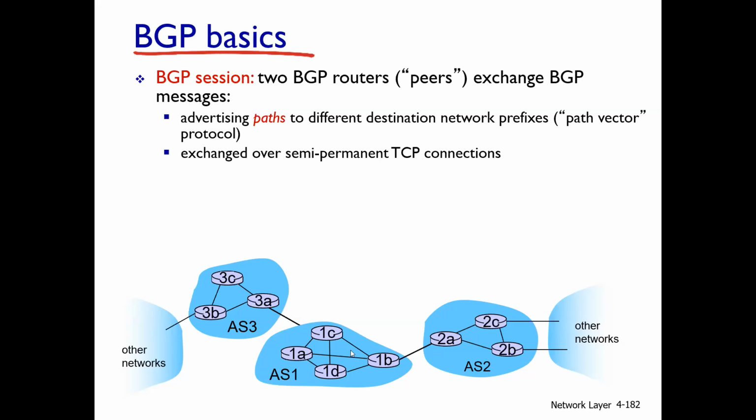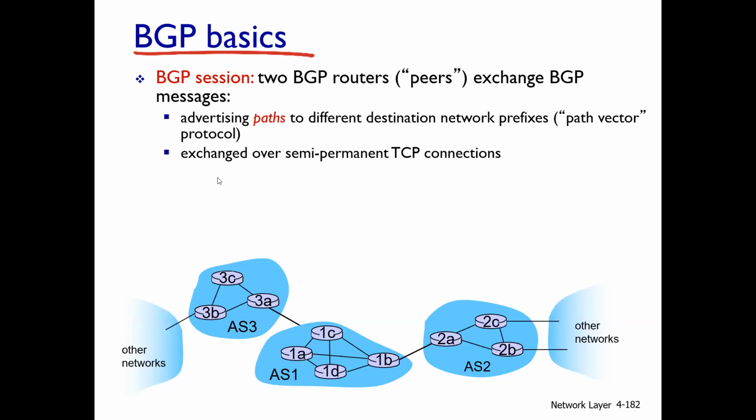And therefore, your policy decisions are going to be based on these relationships or policies rather than on optimizing the distance metrics or anything else. What is the shortest path in terms of end-to-end propagation delays and so on.